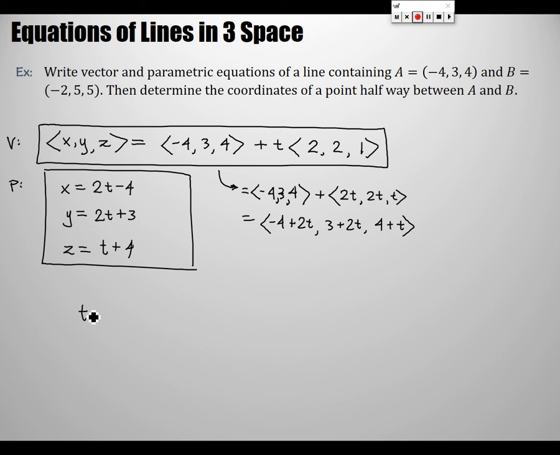B. Do you see it? If t is 1, we're just adding the vectors back together and we get b. Where are we if t is, well, what t would we like? In order to be halfway between them, we want not one whole copy of the vector from A to B. We only want a scalar multiple of that, 1/2 of that vector's length. Yeah, so if t is 1/2, what do we get? Is the point, right?